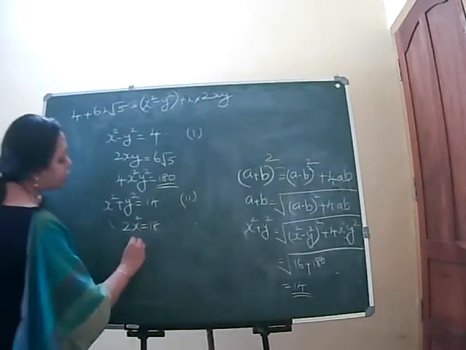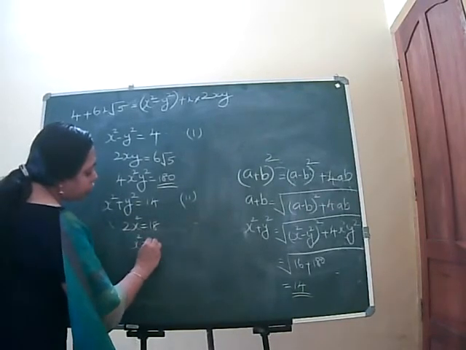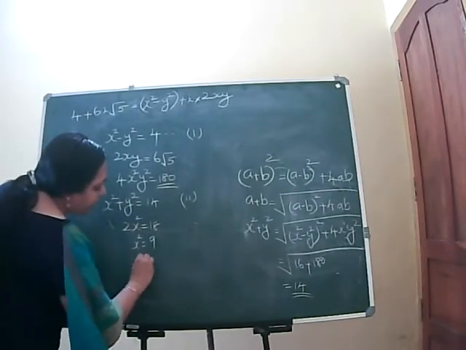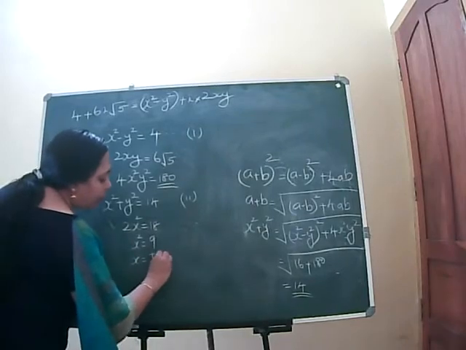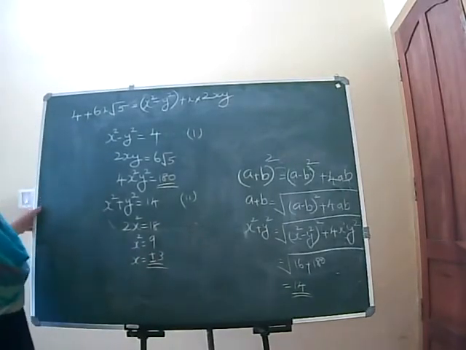That is x square is equal to 9 and x equal to plus or minus 3.